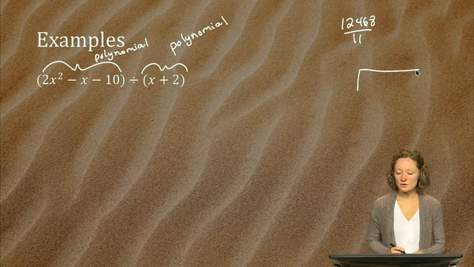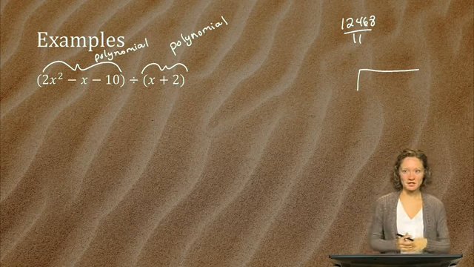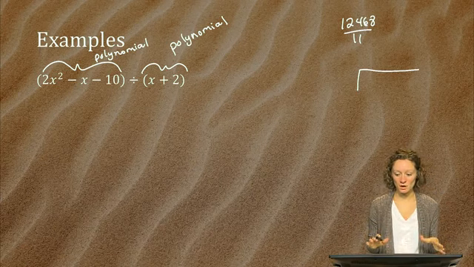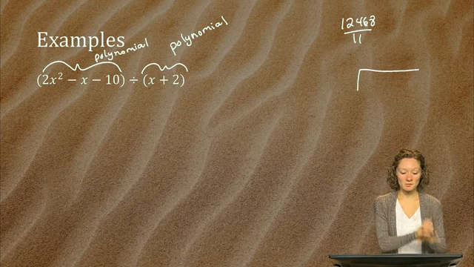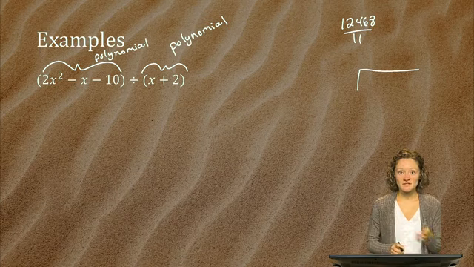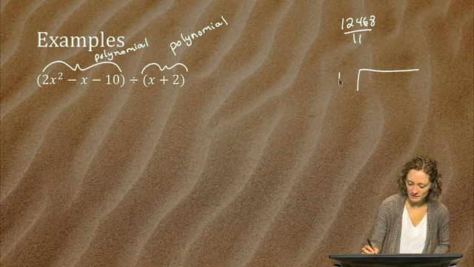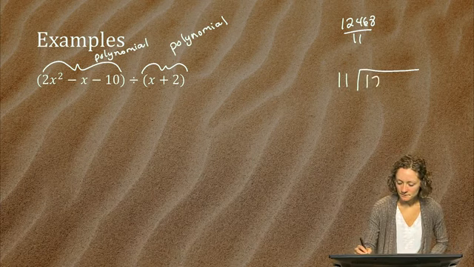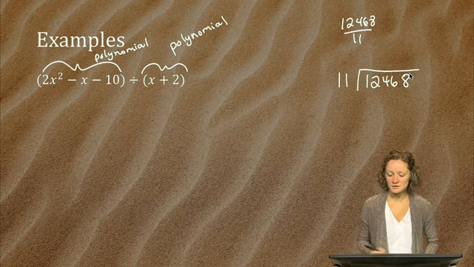You'd make the little house. And if you were doing math in another country, there's a good chance your setup structure was a little bit different. That's fine. Most definitely keep using your strategy if you want to, or you can use the one here. The same strategy that applies for the numbers will apply to the polynomials, so you'll be able to do exactly the same thing. All right, so when we set it up like this, the 11, the thing we were dividing by, was on the outside, and then the initial piece was on the inside, under the house.